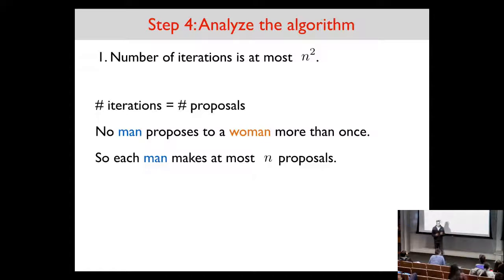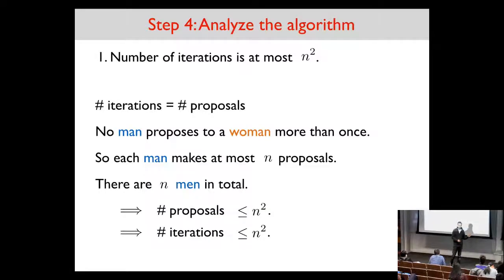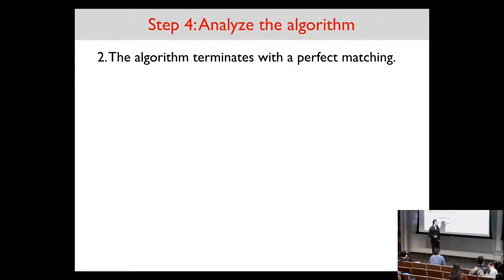If I propose to a woman and she rejects me, I cross her off my list, and I will never propose to that woman again. So each man makes at most n proposals, and we have in total n men. So n proposals per n men, n squared proposals in total at most, and the number of iterations is at most n squared. Easy, okay? So that's nice. So it does not go into an infinite loop.